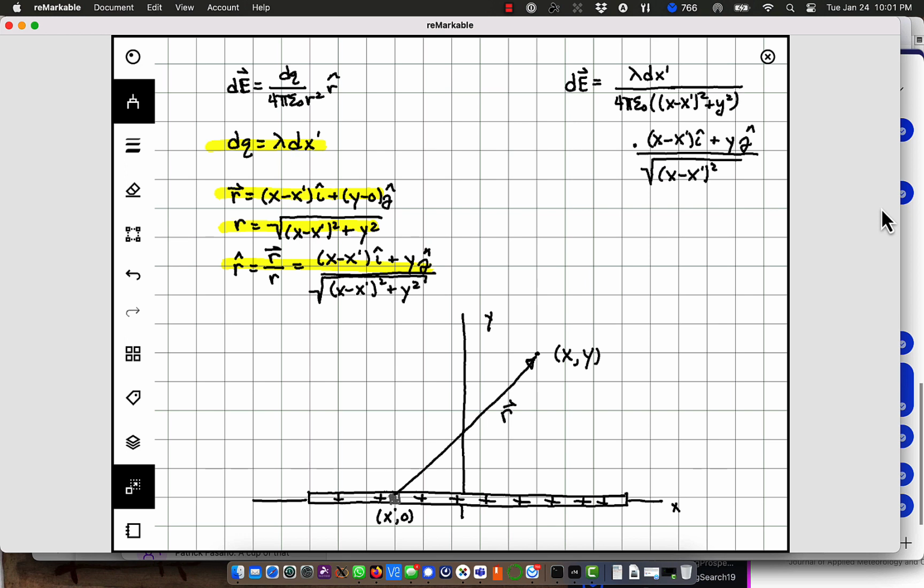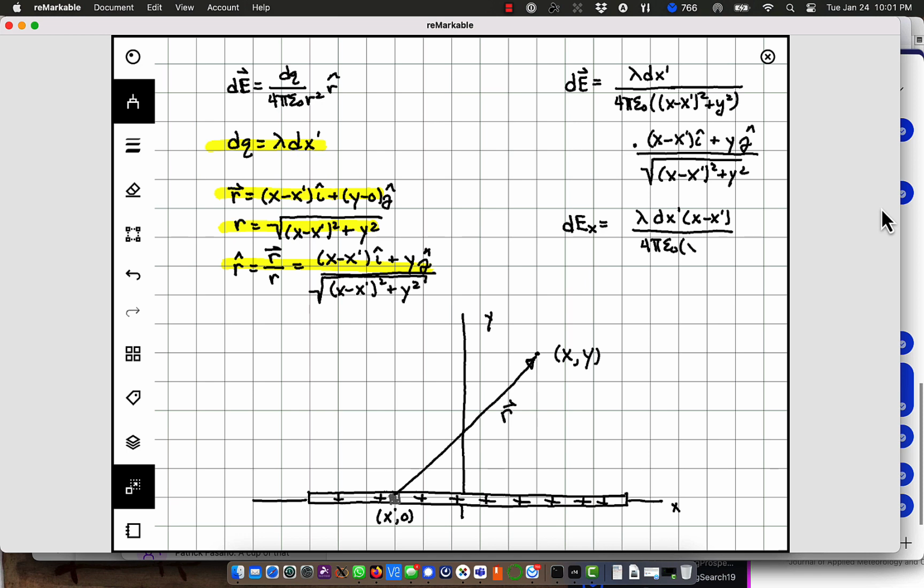There we go. Now, it's going to be convenient, after we have this written out, to break it apart into x and y components. So let's write just the dEx, which is the i component. We're going to gather all the terms together. dEx is lambda dx prime times that component in the i direction, x minus x prime, over 4 pi epsilon naught.